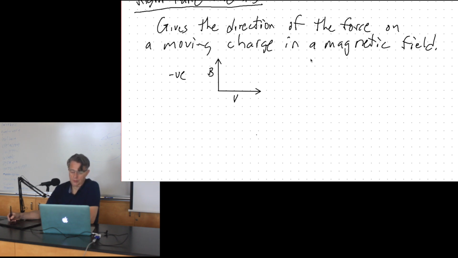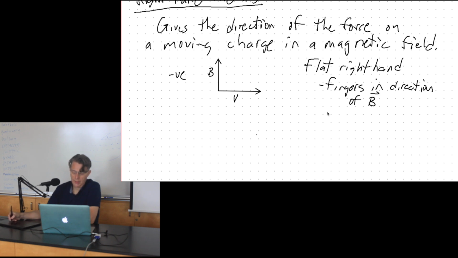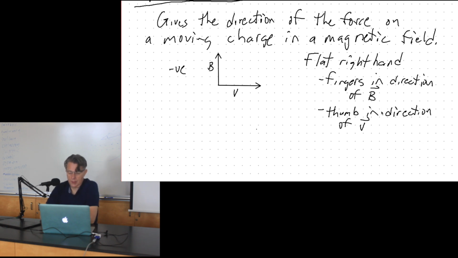So here's the rule. Flat right hand. Fingers in the direction of B. The thumb points in the direction of V. And here's the weird part.